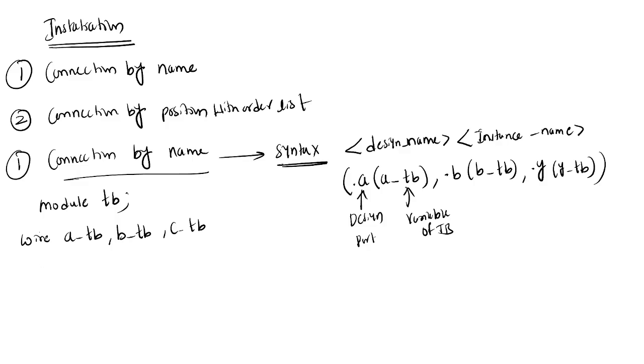Inputs normally you can declare with reg or wire. Here you can declare with reg also. And output should be wire data type. Net data type means wire y underscore tb.